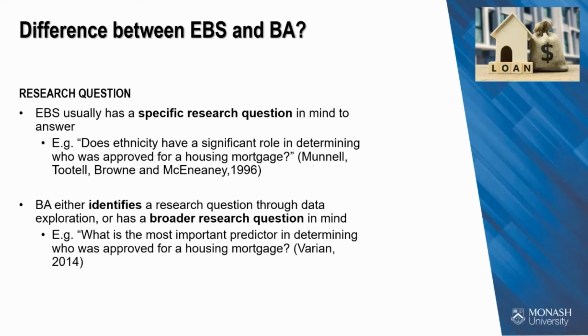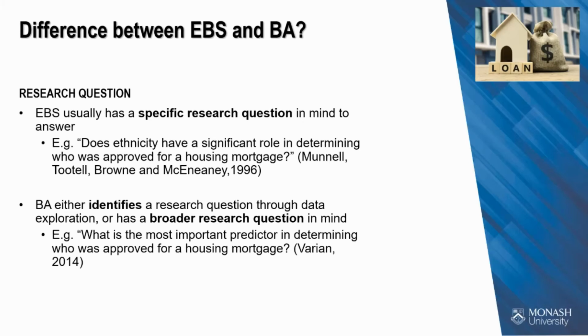Now we look at the research question. In EBS, you typically have a specific research question, such as, does ethnicity have a significant role in determining who was approved for a housing mortgage? See clearly, ethnicity having a significant role.